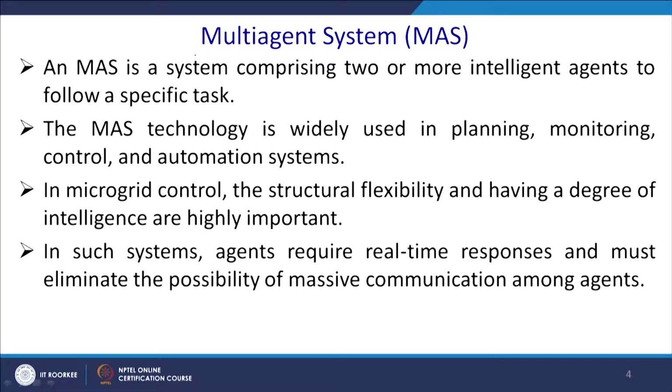Now, let us talk about the multi-agent system. The multi-agent system is of great importance in our microgrid, DC microgrid or AC microgrid, because you have different stakeholders, and a microgrid consumer can be a net producer.